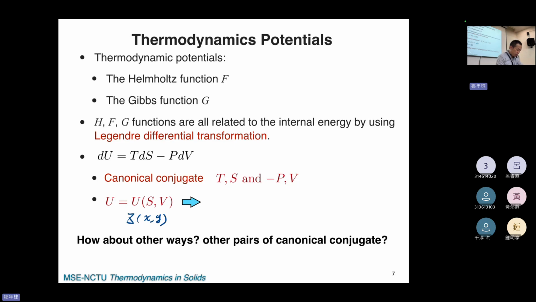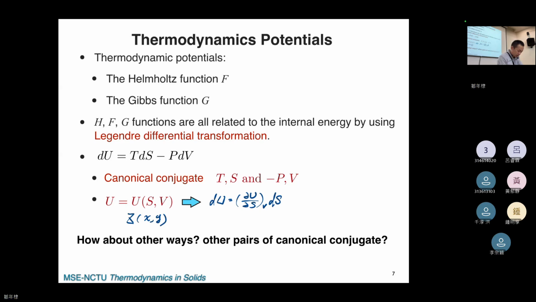So actually, all we need to do is change the variables. Okay, so you see dU equal to partial U over partial S at constant V dS plus partial U partial V at constant S dV. Okay, and you know that this slope is T and the slope is minus P.